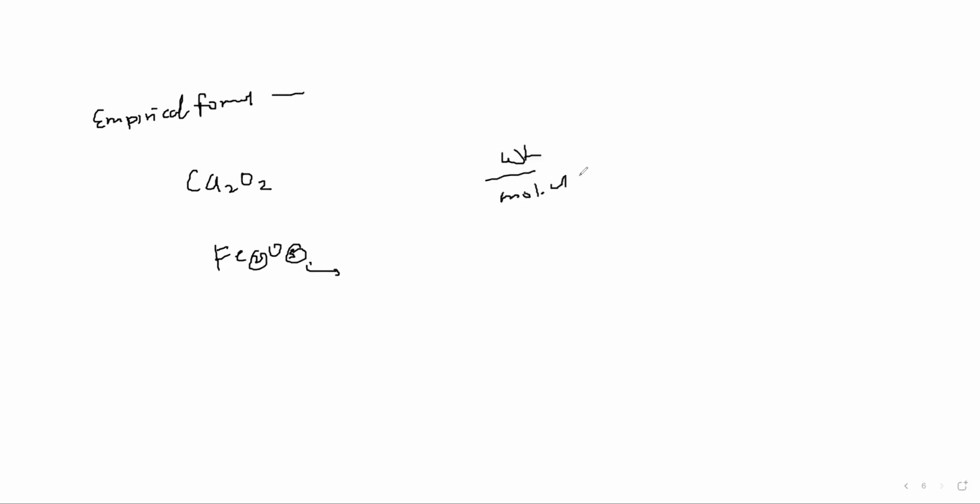Okay, empirical formula means, suppose I want Fe2O3, so this 2 and 3 are the numbers given by the empirical formula. So weight upon molecular weight gives you the mole. And mole is a different conversion. If I want the empirical formula, what does it mean? If I'm talking about methyl alcohol.